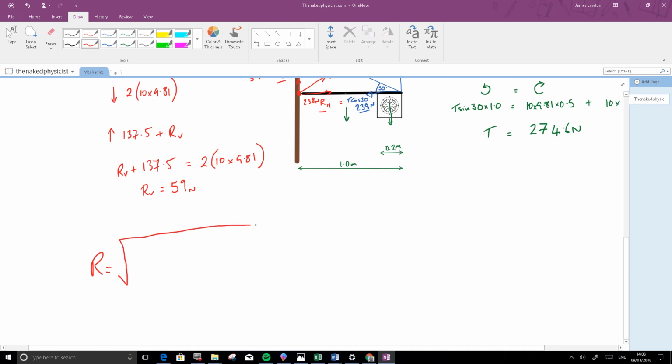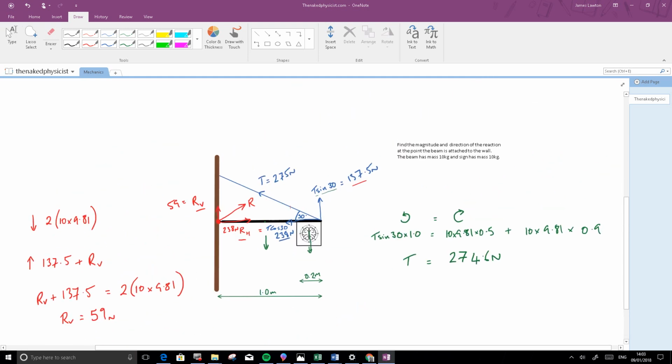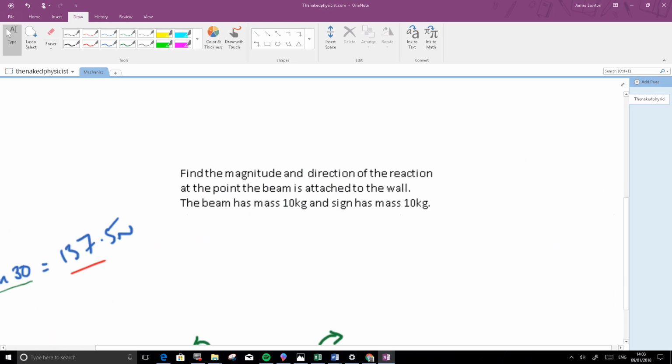It's going to be equal to the square root of 238 squared plus 59 squared. Jobs are good, and that's going to give us a magnitude of 245. Boom. So straight away, there's our first part. Find the magnitude of the direct reaction at the wall.